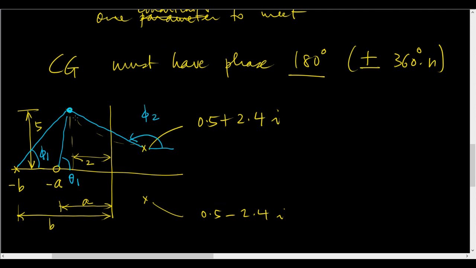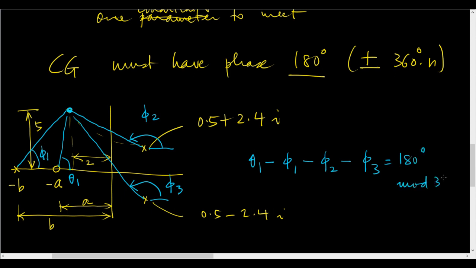And I have this angle, which is phi 3. Okay? All right. What I want is that theta 1 minus phi 1 minus phi 2 minus phi 3 is equal to 180 degrees mod 360 degrees, right? So this you must remember, because there is a plus or minus element over there.